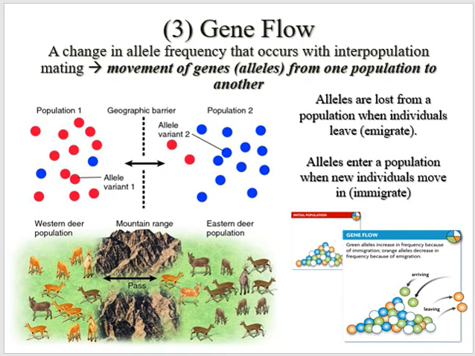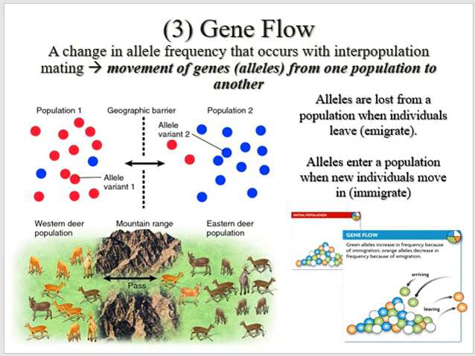They'll move as organisms disperse from one population to another. Now, when we talk about migration, there's immigration and emigration. Immigration is the movement of individuals into a population.